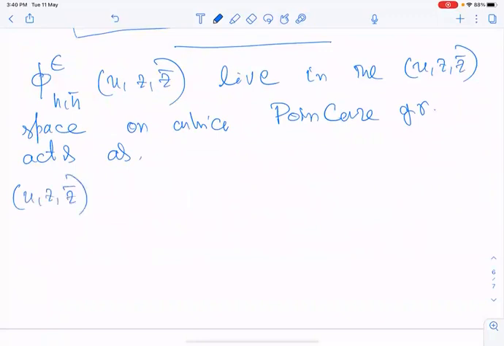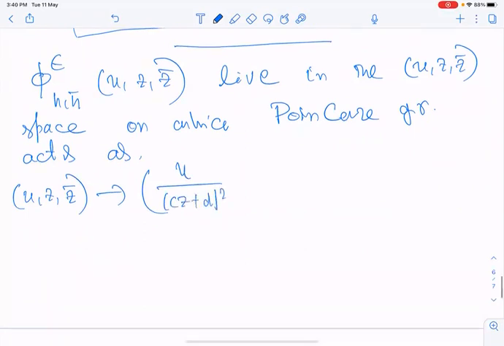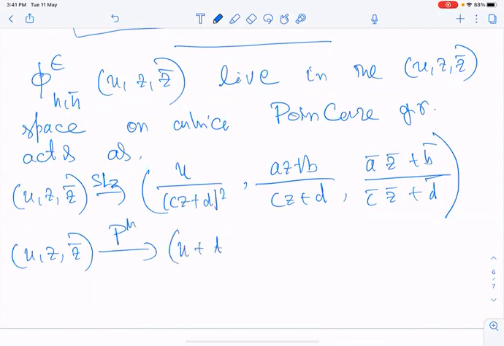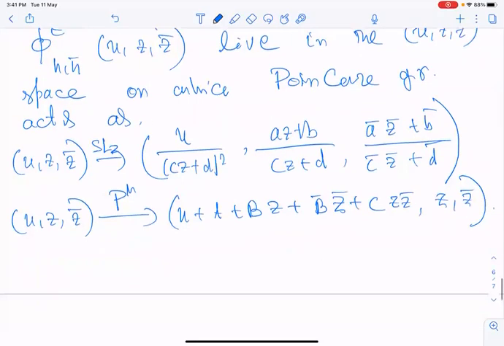The first is the Lorentz transformation or SL2. And then how does the space-time translation act? This is how.